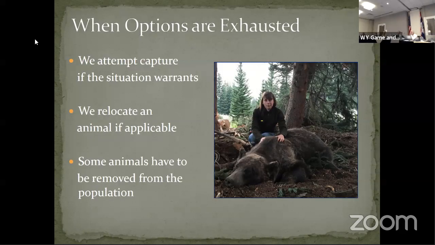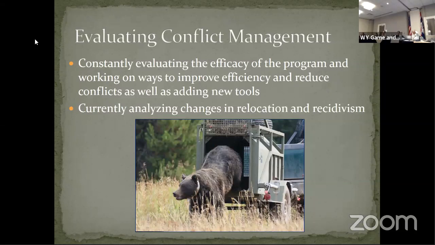That's the reality. And again, you've got both extremes where some groups may want every one of these critters removed and some want none. And so that's where we're in the middle. So, you know, evaluating the overall conflict management model, again, new tools.